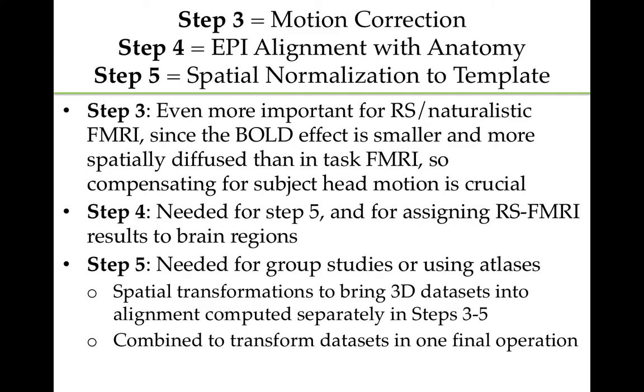Then we move them to be aligned with the subject anatomy, and then we move them again to be aligned with the MNI template, say. That's not really true. What we do is we calculate all those transformations needed to do that, and then we move them all in one big transformation at the end, combining steps 3, 4, and 5 into one operation. That's why they're all on one slide here. That's to avoid moving the data around needlessly a number of times, which can itself produce some artifacts.